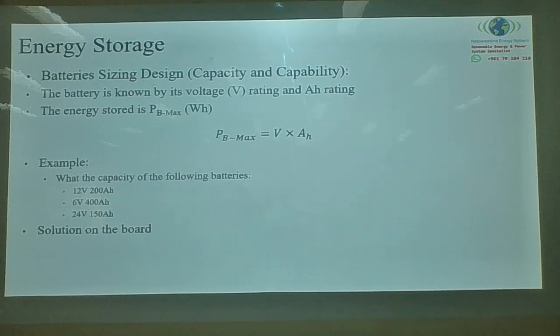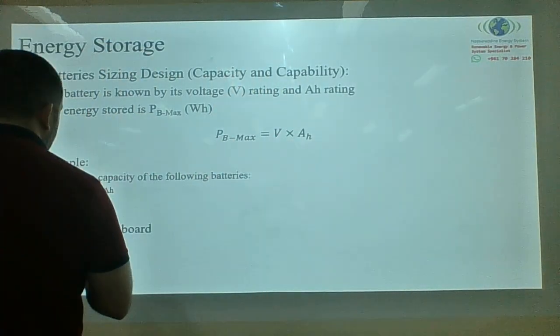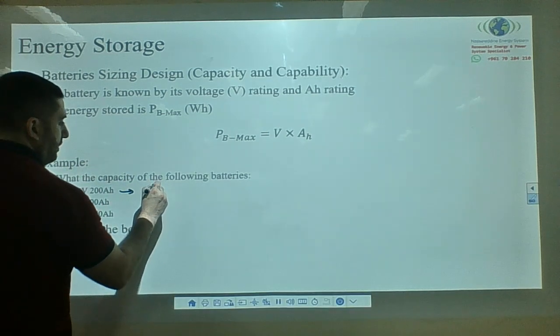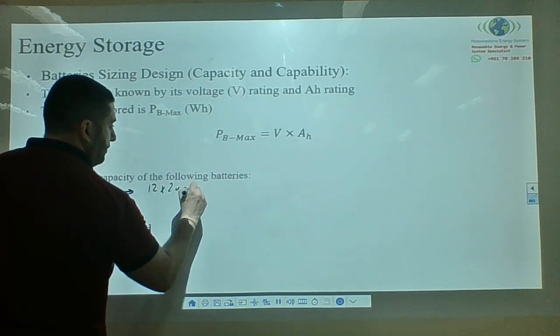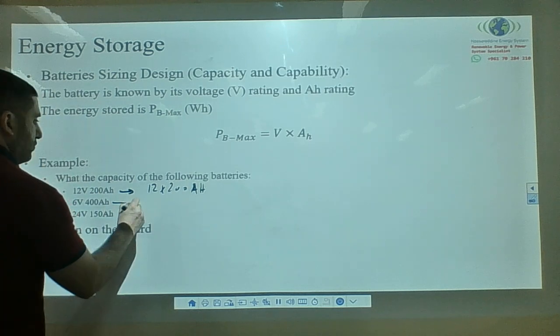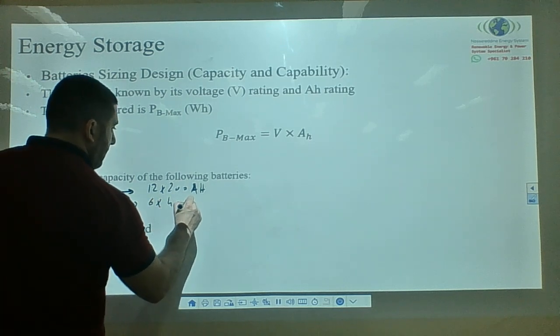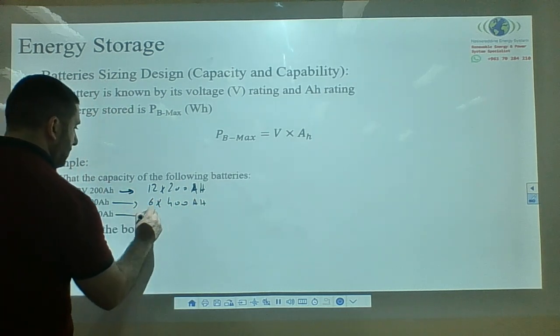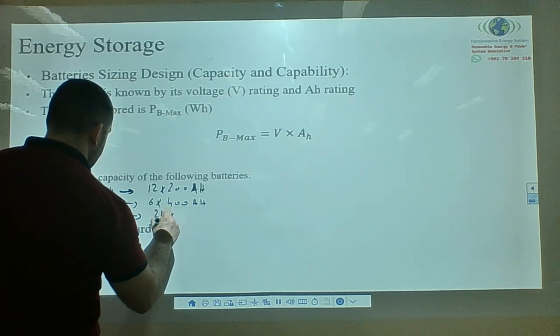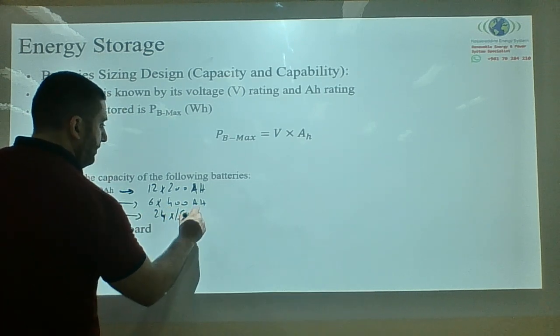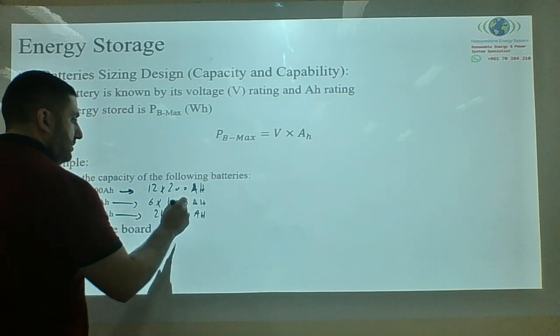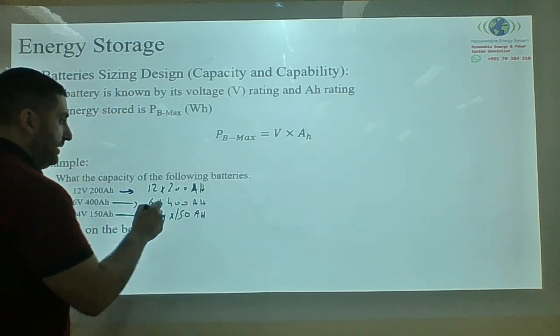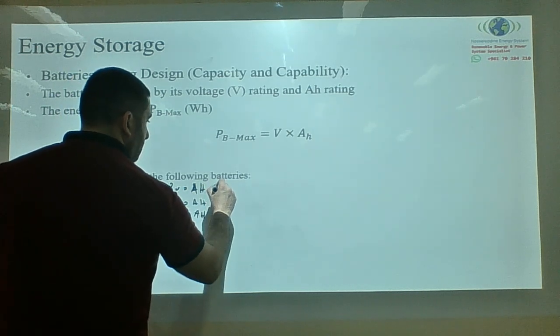So for this one, the answer will be 12 times 200 amp hour. For this one, 6 times 400 amp hours. For this one, 24 times 150 amp hours. The unit will be what?